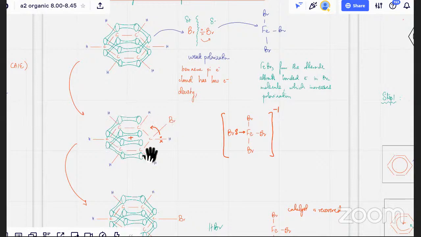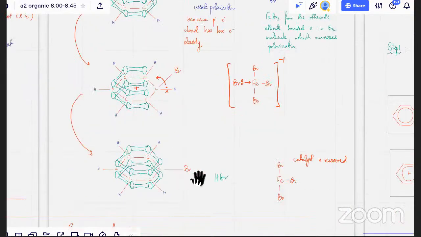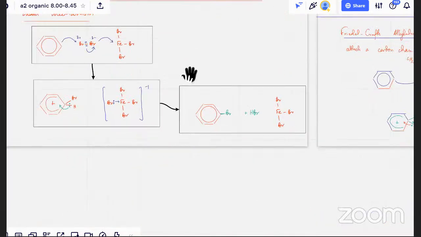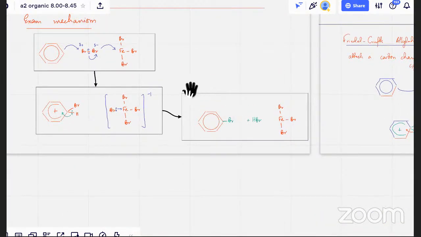So the electron cloud becomes partial, and in the next step, the H gives away the electron, and the electron cloud becomes complete again. The H leaves and bonds with this bromine, and HBr is formed. So that's the mechanism, and this is the same mechanism that you're going to draw in the paper. So that is bromination, but that bromination does not happen without a catalyst.